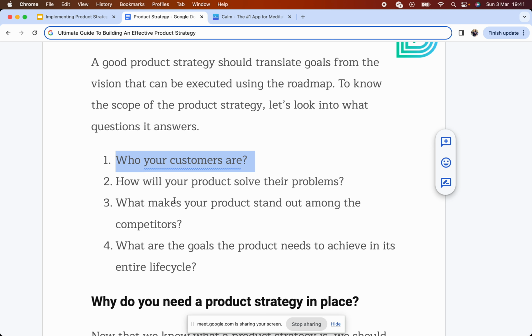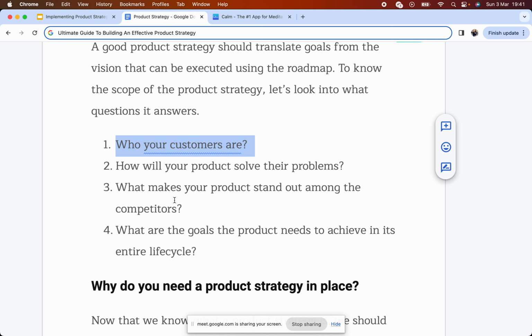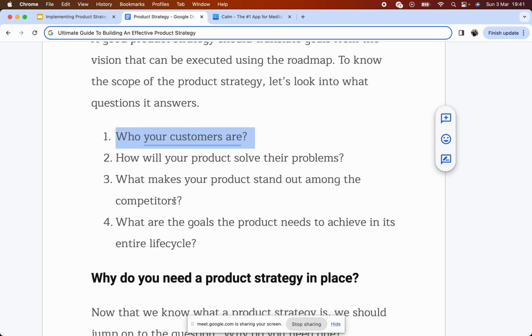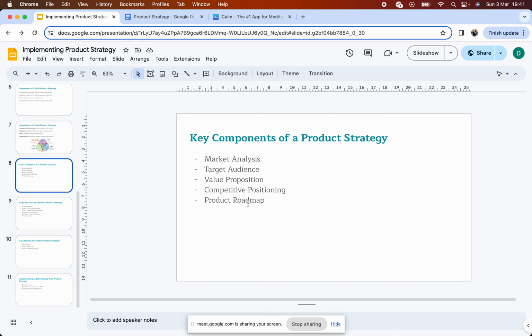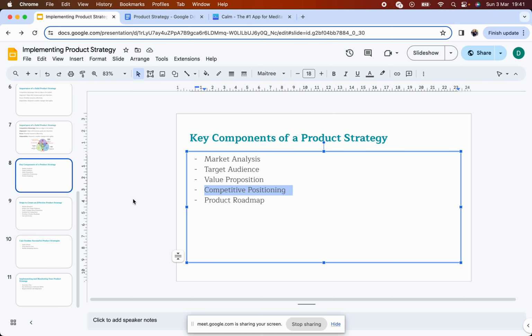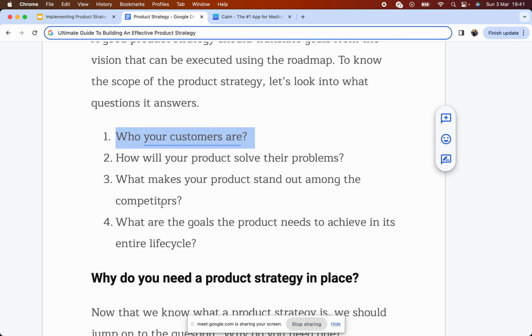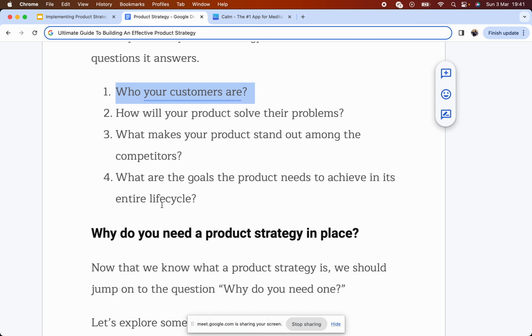How does your product, or any company's product you work for, solve their problems? What makes your product stand out among the competitors? We've looked at it here, under competitive positioning. What makes our product stand out amongst the competitors? And what are the goals the product needs to achieve in its entire life cycle?